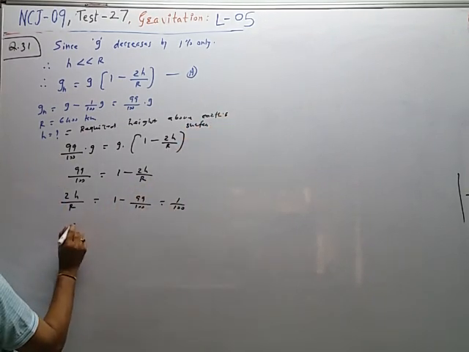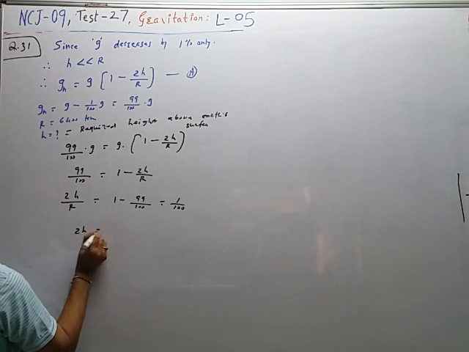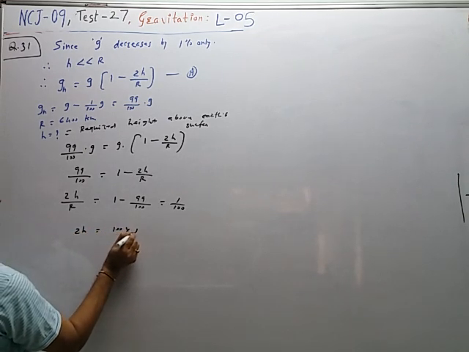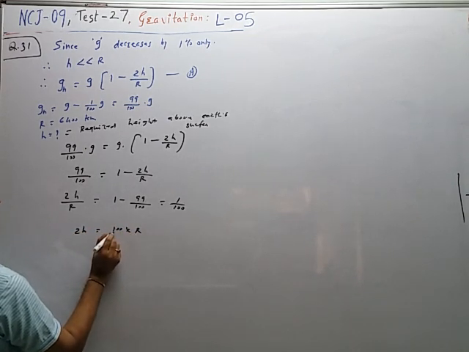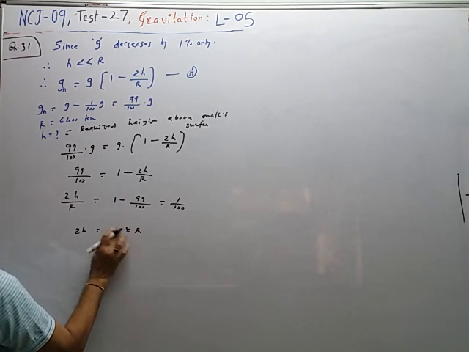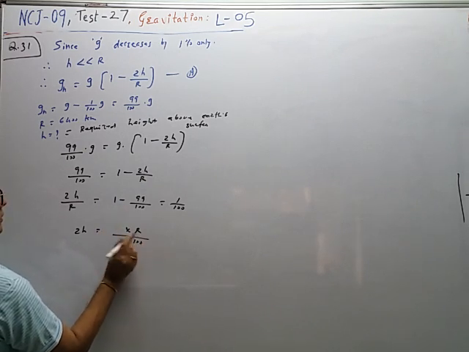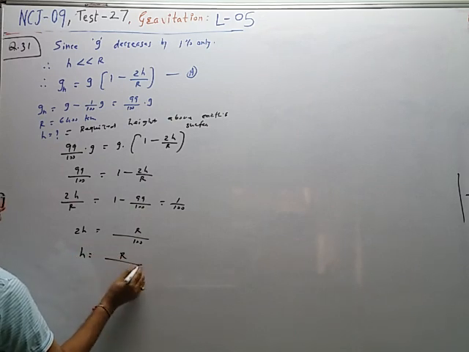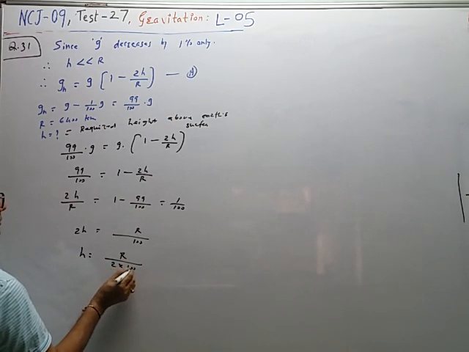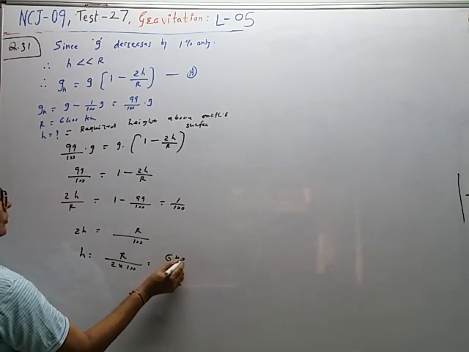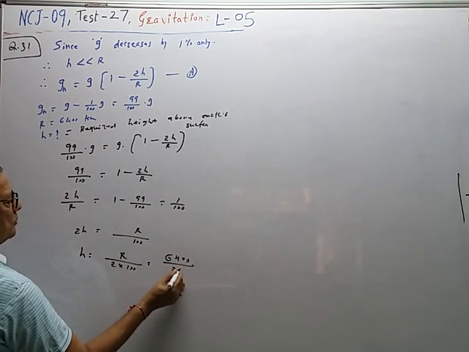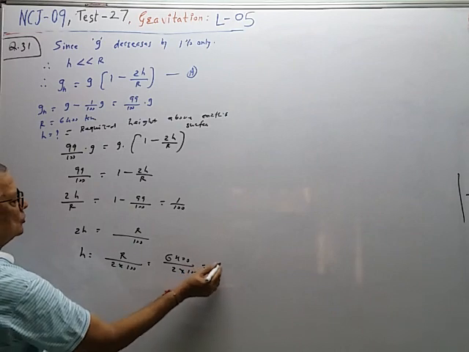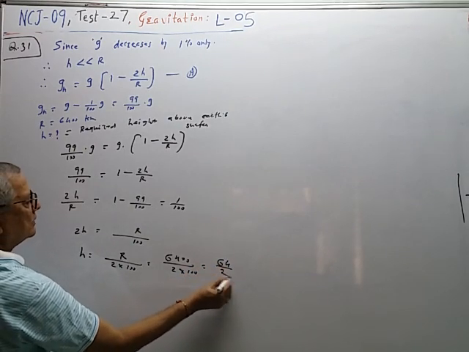And 2 times h is equal to 100 multiplied by 100. Therefore, h is equal to R upon 2 multiplied by 100, that is equal to 6400 upon 2 multiplied by 100. The 100 will get cancelled.